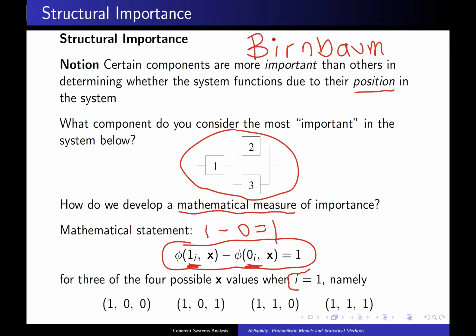Now let's go back to the original system and consider i equals 1. Take a look at that first component. If you institute this equation here and look at the left-hand side of it, when i equals 1, you are going to have a 1 in the first position in all cases for the first term in this expression.